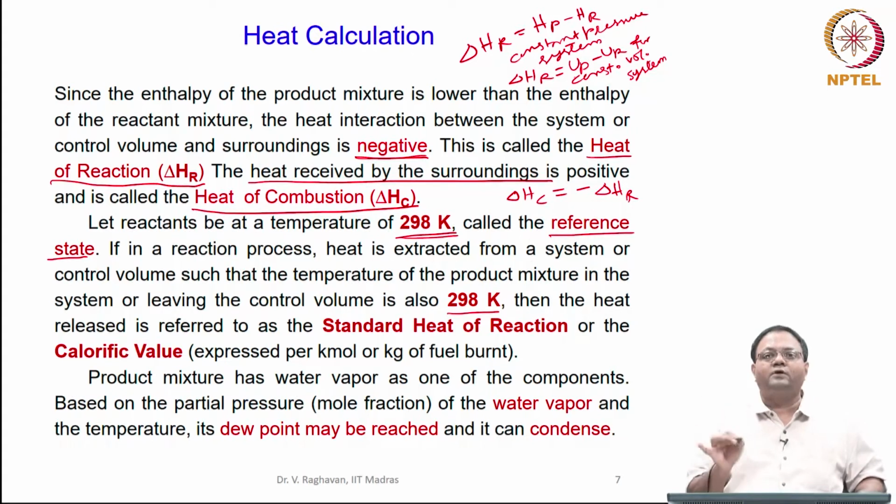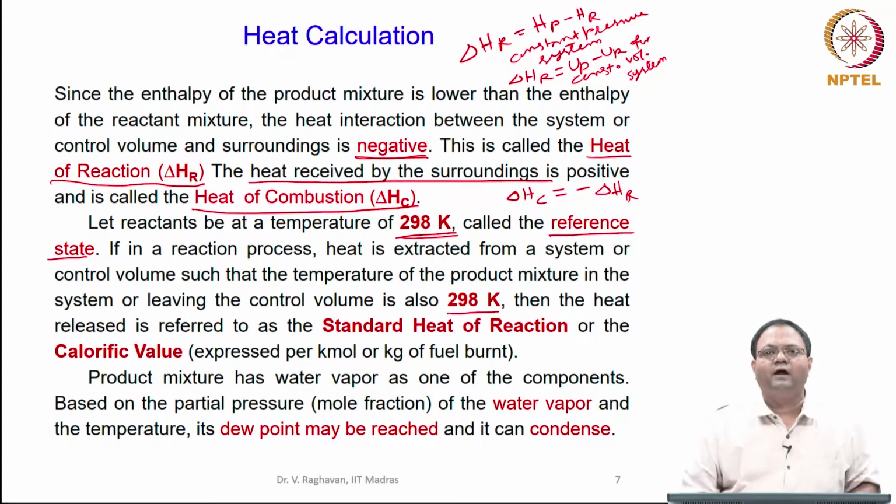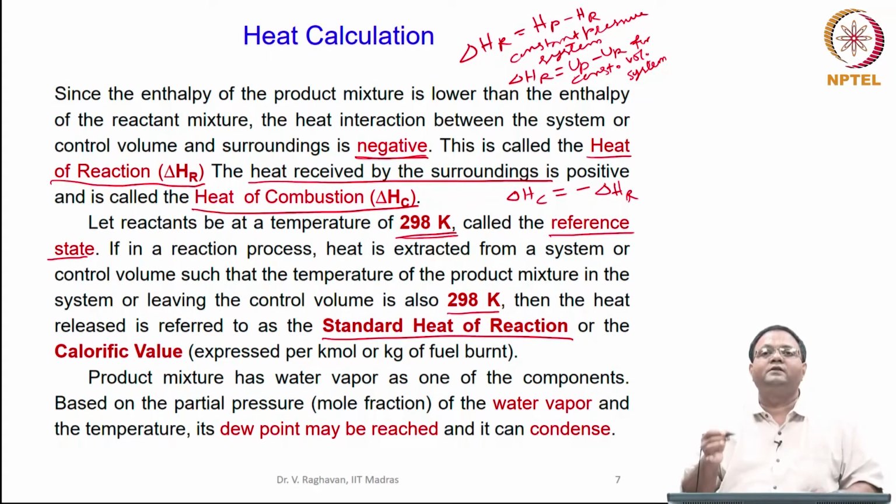So reactants are initially present at 298 Kelvin, reaction occurs, then finally the heat is extracted such that the products are cooled and reach the reference state of 298 Kelvin. In this scenario, the heat released, or the heat of reaction, is called the standard heat of reaction, because we are operating in the standard state.